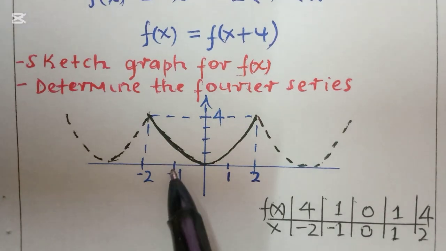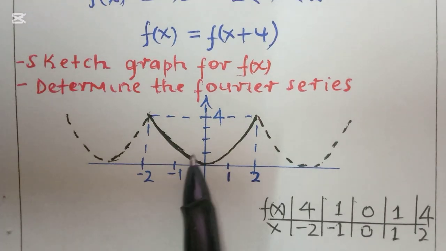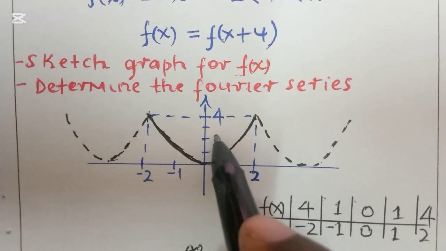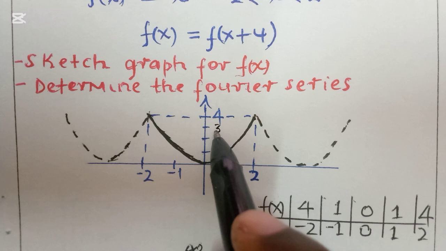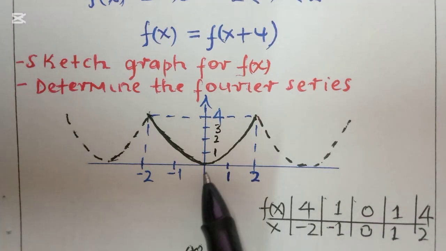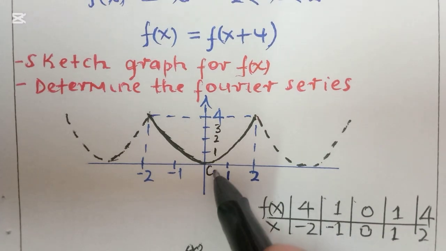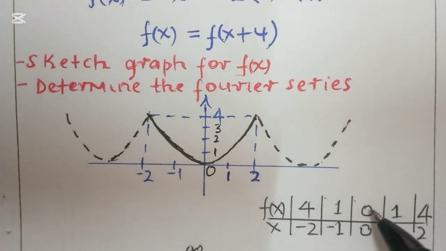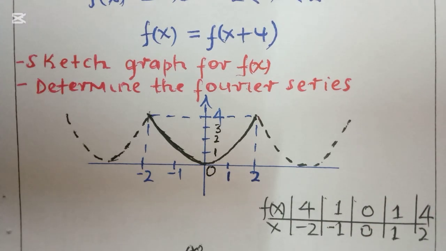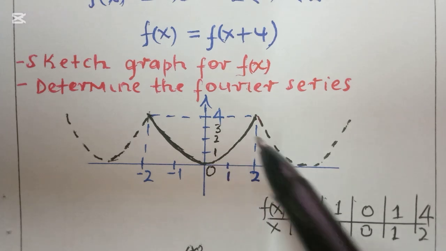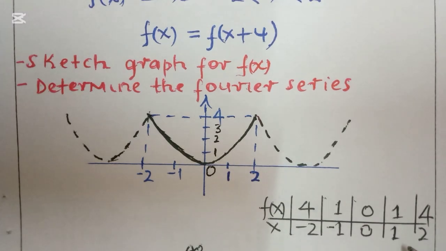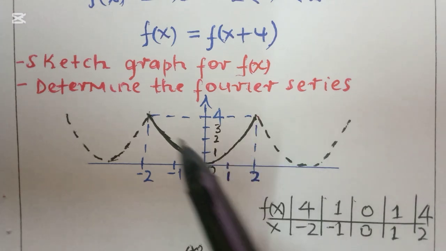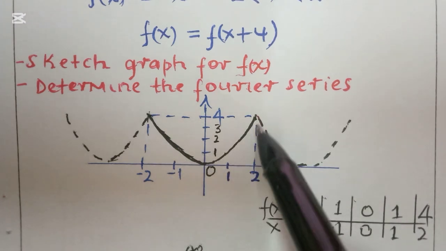Then -1, I had 1, which is supposed to be here. We have 2 there, we have 3 there. And then we have 0, which is supposed to bring out f(x) being 0. Then you come to 1, and the point was here. And for the 2, the point was here. And so guys, this is what I drew.